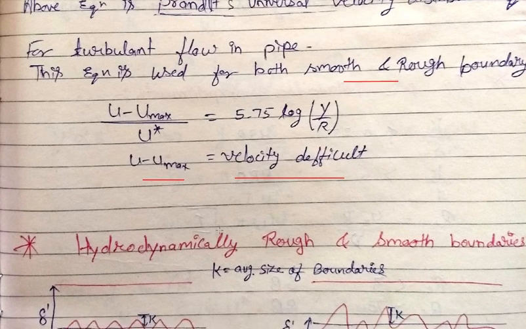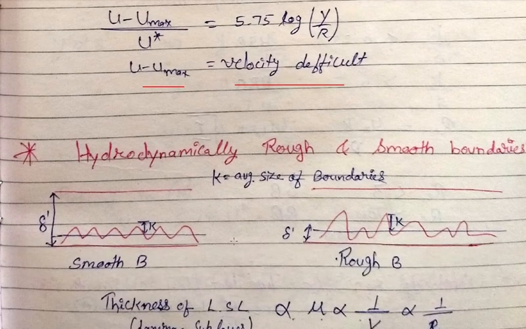Now, hydrodynamically rough and smooth pipes. There is a k value which is termed the average size of the boundary roughness.